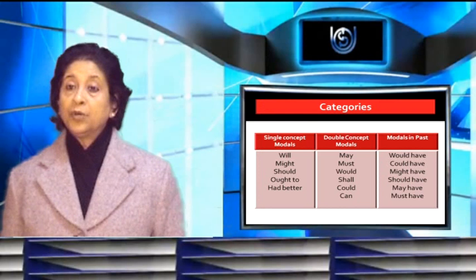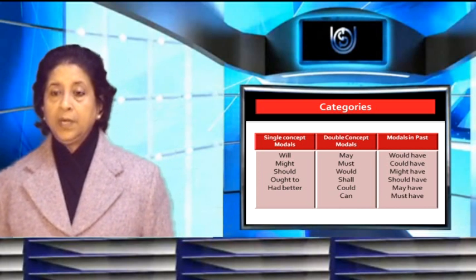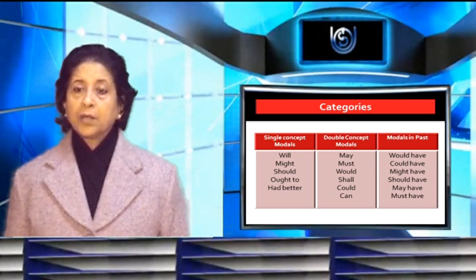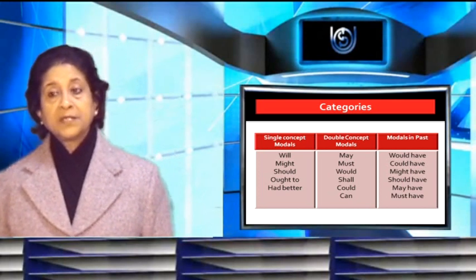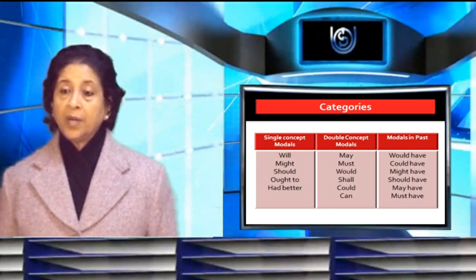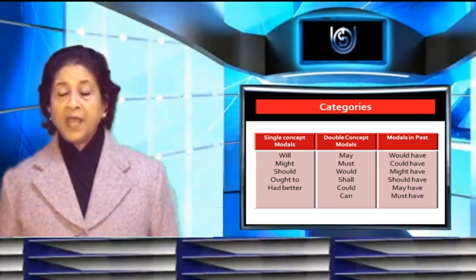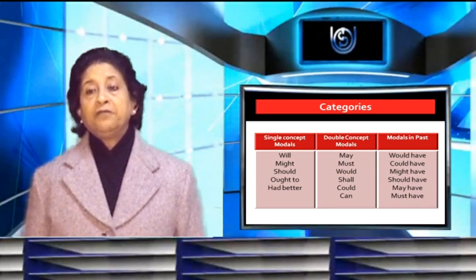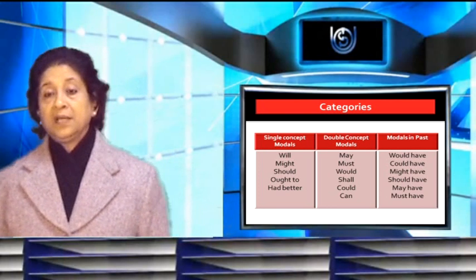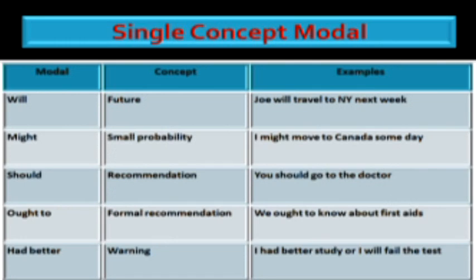Now double concept modals: may, must, would, shall, could, can. And modals in past: would have, could have, might have, should have, may have, must have. So these are the different categories: single concept, double concept, and modals in past.